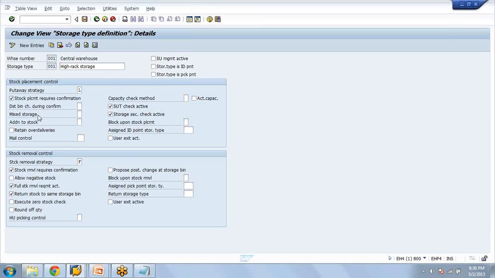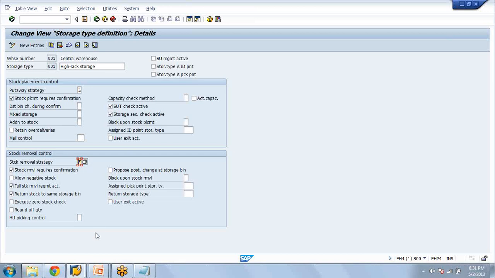So that is this criteria. Mixed storage means in the same storage bin you can have multiple quants. You can have different quants in the same storage bin. In that case, you can activate this mixed storage. But when you do all this activation, this P4 will not help you. Got it? Stock removal.